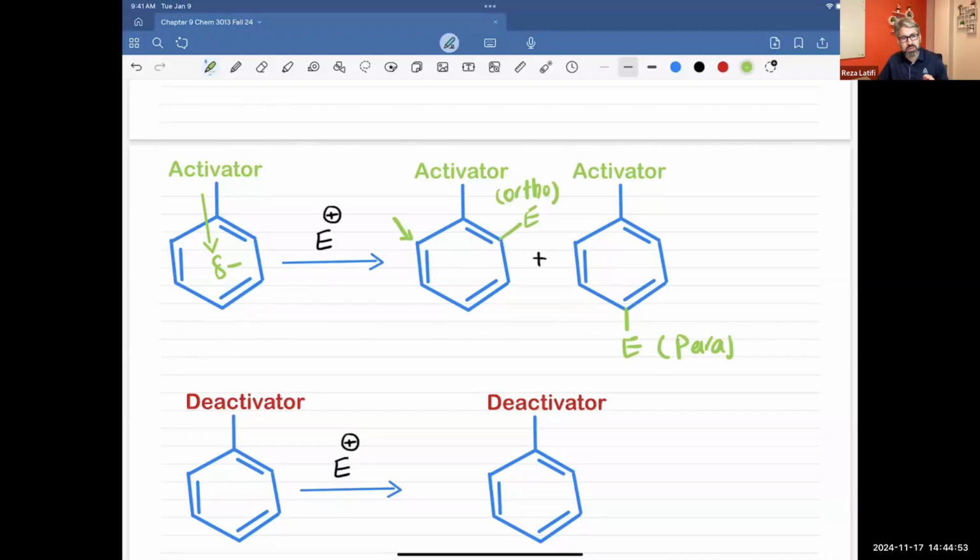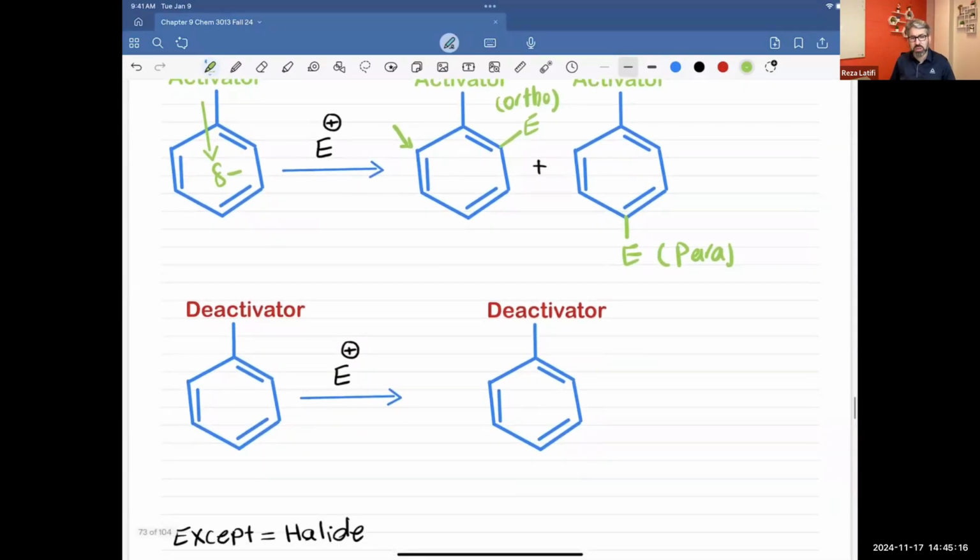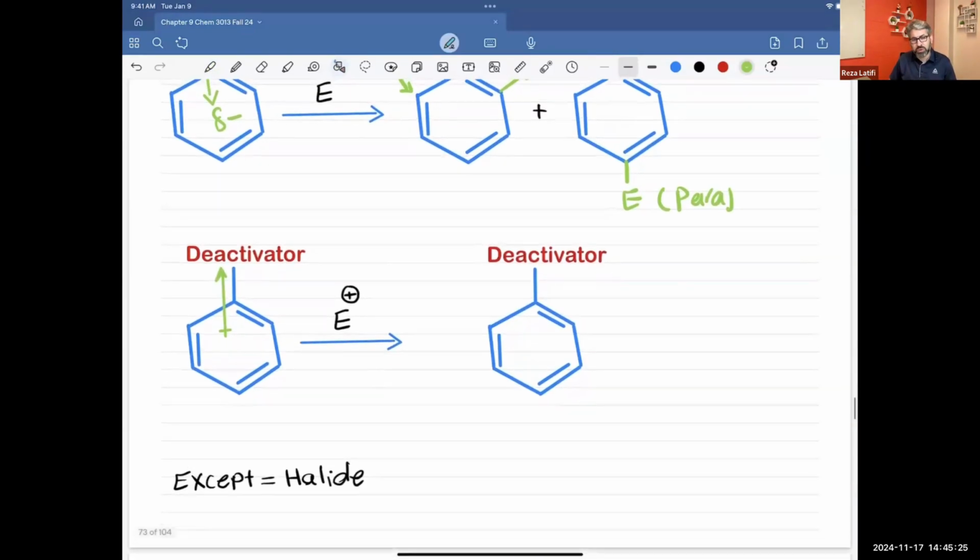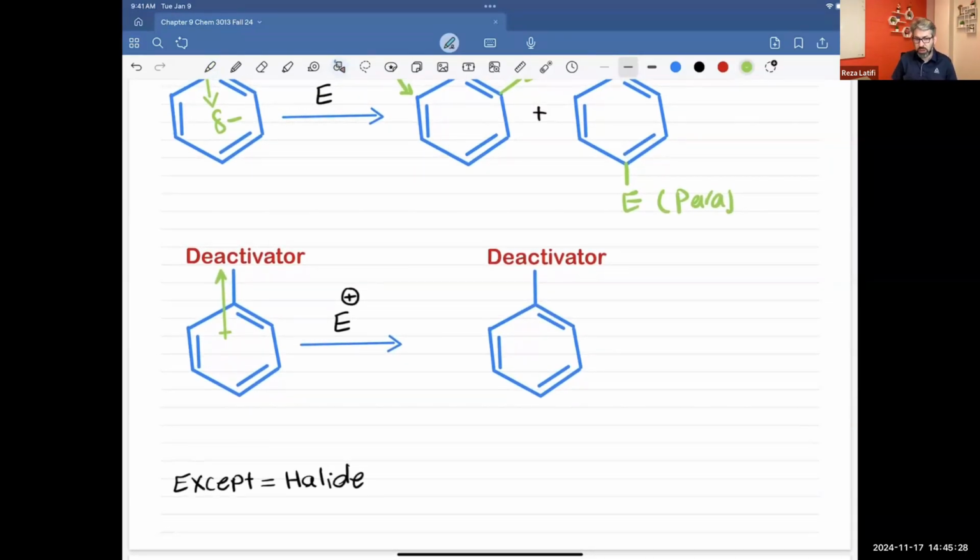So how about this? An activator will enrich the ortho and para positions. Whenever the electrophile is reaching the ring, it will reach through either the ortho or the para position. That means you will get either ortho or para products. While the deactivator will pull electron density from the ring, mainly from the ortho and para positions.